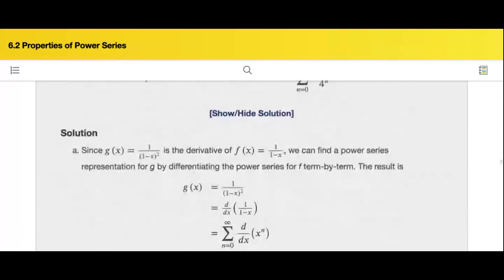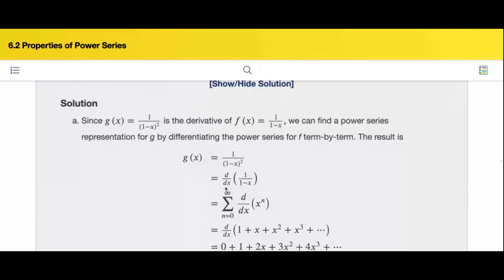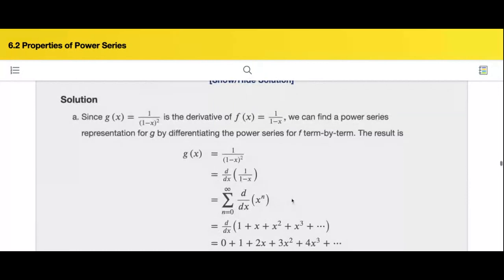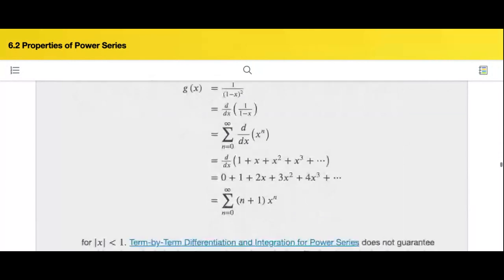So 1 over (1 minus x) squared is the derivative of 1 over 1 minus x, right? So what we can do is we just differentiate 1 over 1 minus x. We can differentiate term by term. Then we would get 0 plus 1 plus 2x plus 3x squared, so on and so forth. And we see the pattern is just, for the n-th term, n plus 1 times x raised by n.